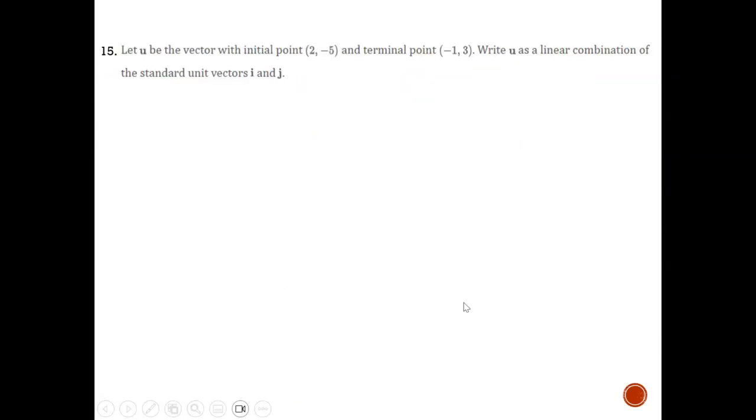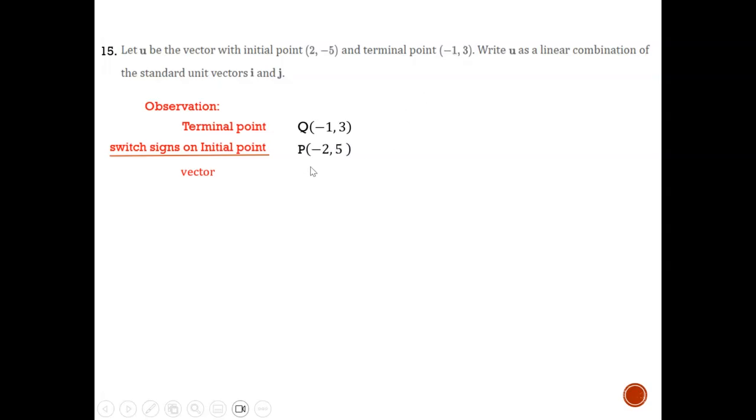Now, 15 says that u will be a vector with initial point 2, negative 5 and terminal point negative 1, 3, where u is a linear combination of the standard unit vectors i and j. Okay, guys, so here we're going to do the observation. Remember, the observation is terminal point, negative 1, 3, minus the initial point.